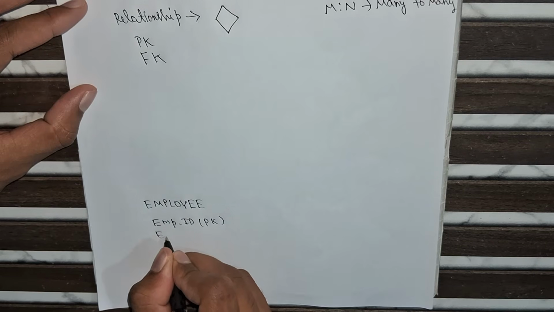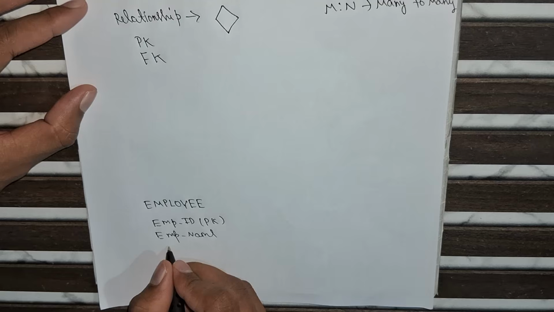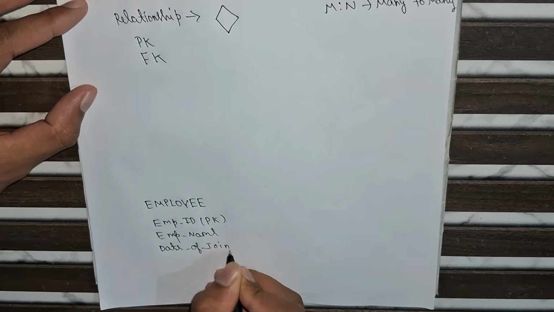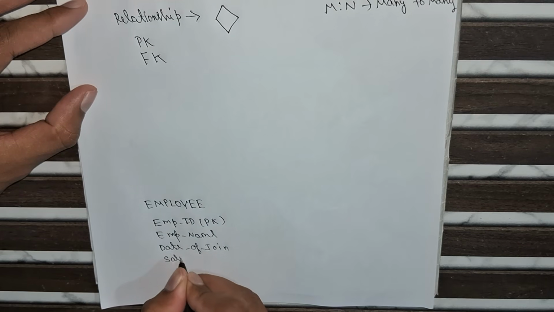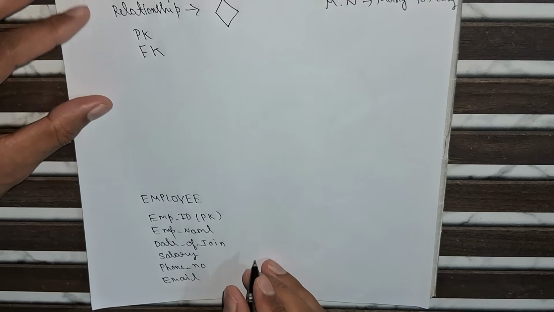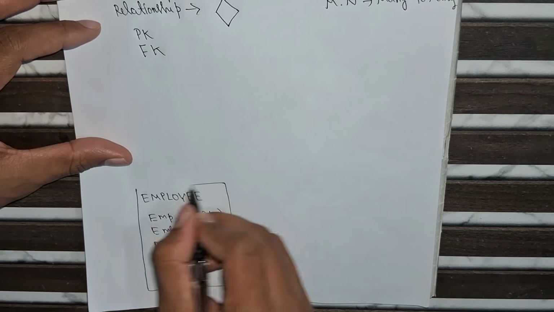Now our employee name, then date of join, on which date he joined, then salary, what will be the salary of an employee, then phone number, then the email. These all things we will write under the entity. So this is our first entity, which is employee.